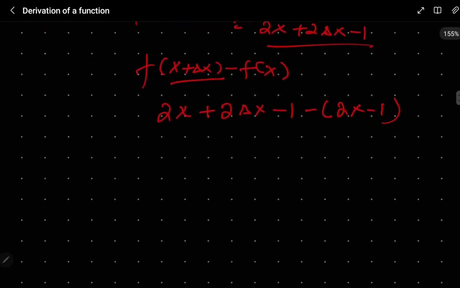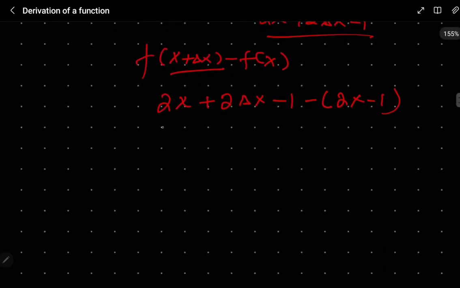Okay, let's carry out this change. When you distribute, this is equal to 2x minus 2x plus 2 times change in x, minus 1 plus 1. So this is going to be 2 times the change in x.